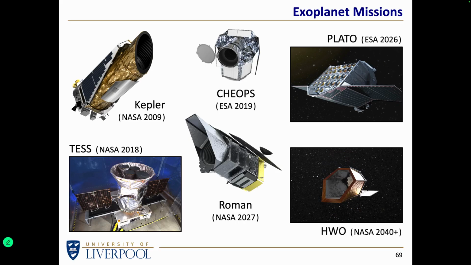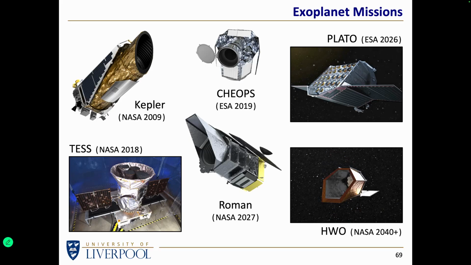And in the top right, there's another ESA mission that will be launched soon called Plato, and centre bottom there is the Nancy Grace Roman Space Telescope, due for launch in 2027, assuming that a certain president doesn't decide to cancel the mission. There's also, way into the future, other plans for the so-called Habitable Worlds Observatory, the HWO, looking specifically for Earth-like planets rather than whatever planets are out there.